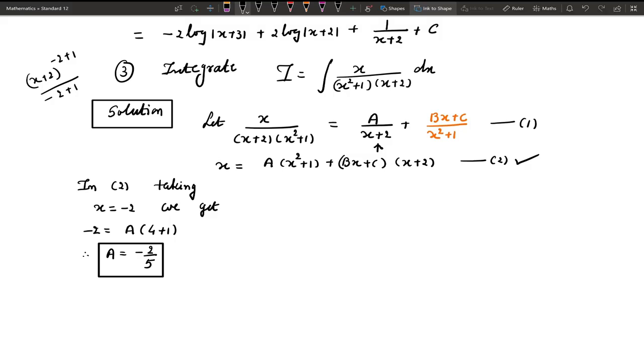You just take x equal to minus 2 on both sides. Here, this term will be 0, so this part will be 0. Here we get 4 plus 1, so 5a equal to minus 2, so a equal to minus 2 by 5.